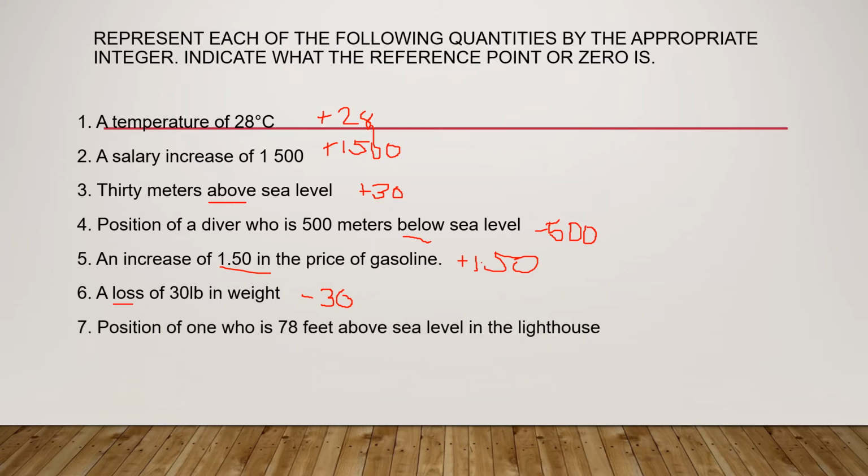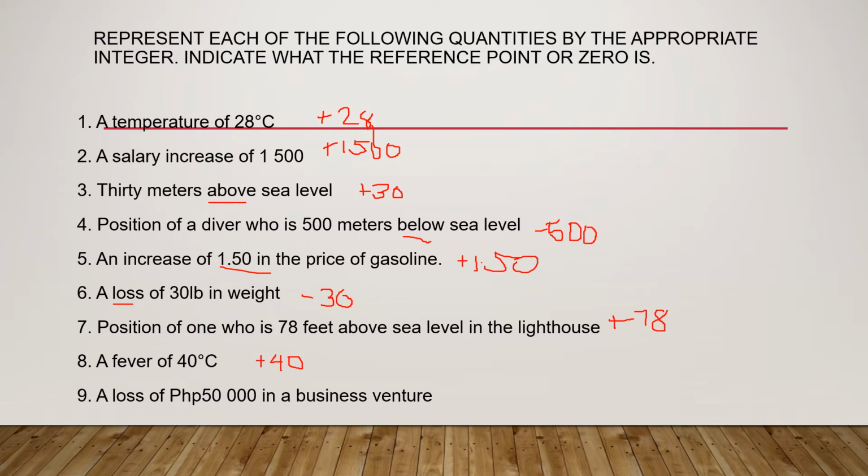Next, number 7, position of one who is 78 feet above sea level in the lighthouse. So that is positive 78. Number 8, a fever of 40 degrees. So, positive 40. Umaapoy sa lagnat.